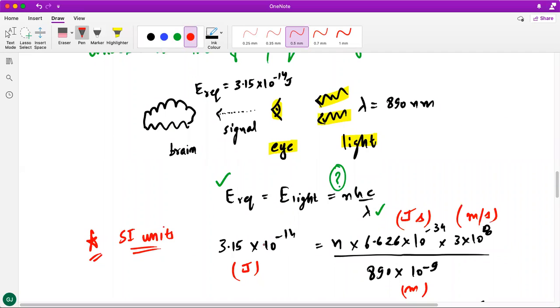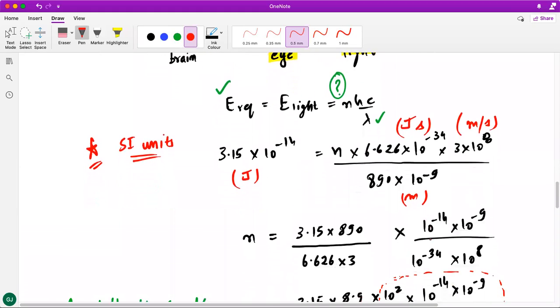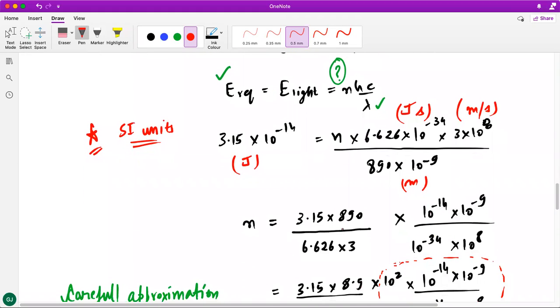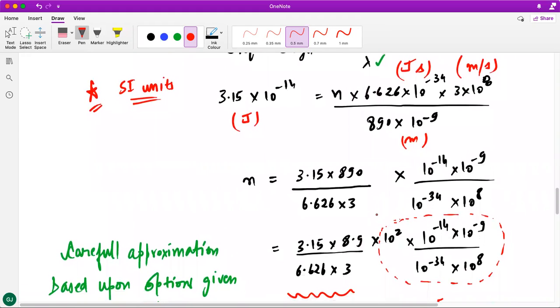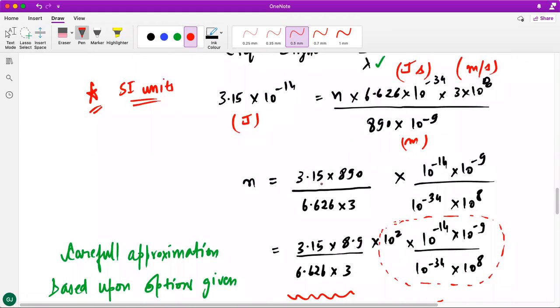So you have the equation, you have the values in front of you, and then you again try to solve. You solve via the same approach that I had spoken earlier, where you segregate the powers of 10 separately, and then try to come up with the answer. Now notice there is one important technique here: if you observe the question, it's an objective question with options given to you, right?